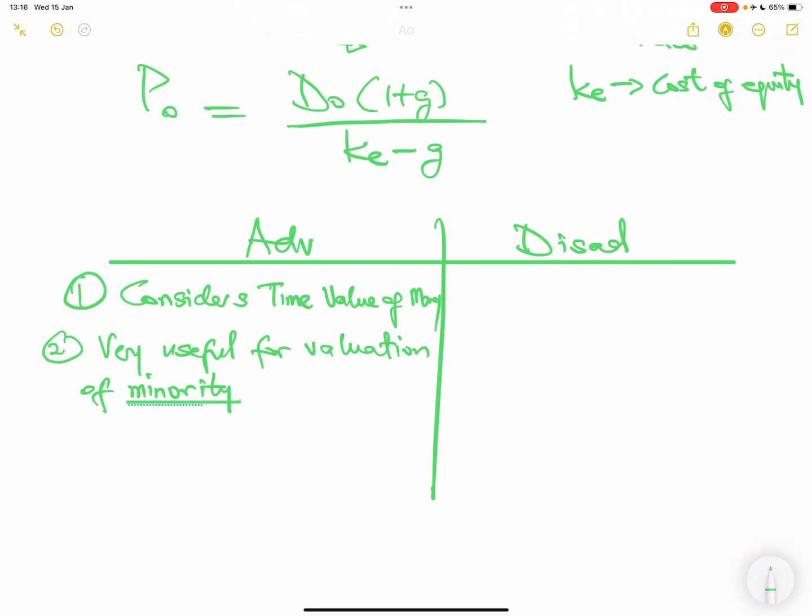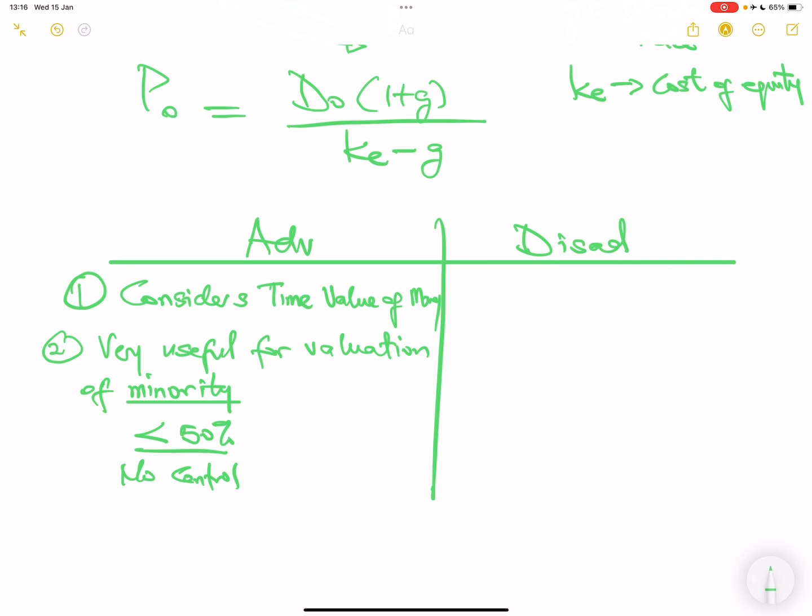And you remember who is a minority. Minority are those people that have less than 50% ownership. They don't have control. Yeah, and because they don't have control, they are not able to take decisions that can influence performance of a company. They are not able to take decisions that can influence expansion. Yeah, those decisions that can make the share price to go up.